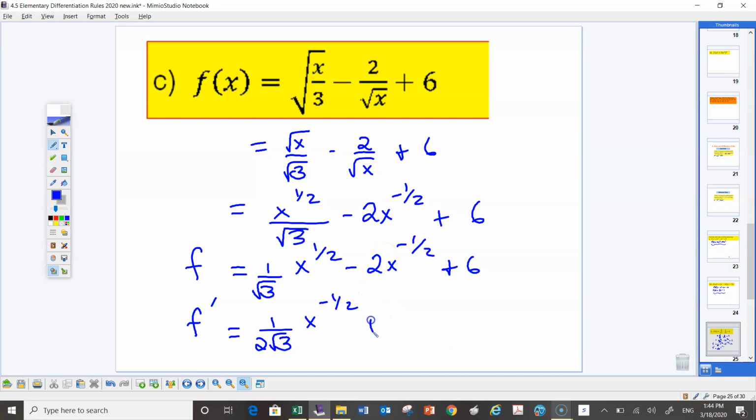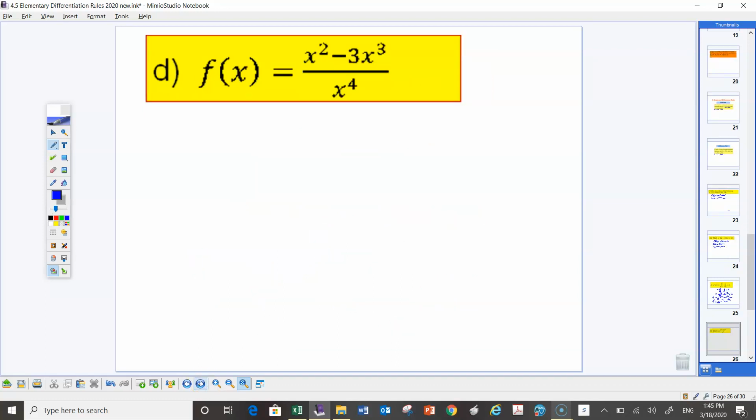Negative 1/2 times negative 2 will be plus 1, and if I subtract 1 from negative 1/2, I get negative 3/2. And the derivative of 6 is a constant, so that would be my final answer. Now I left negative exponents here in my final answer. Some textbooks will force you to move those back down to the bottom to make them positive, but when we're asked to find the derivative in this case, I'm just going to leave them as is.